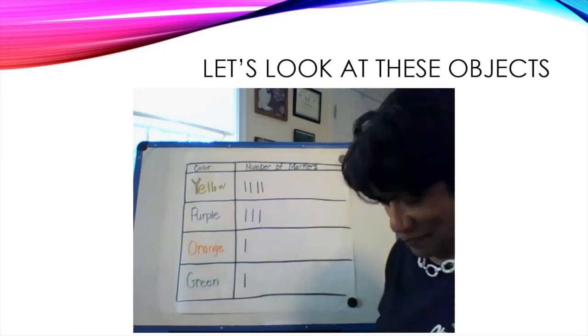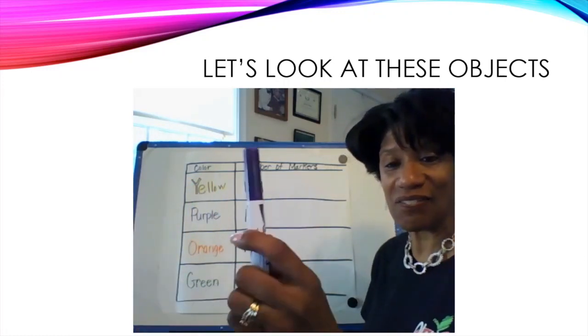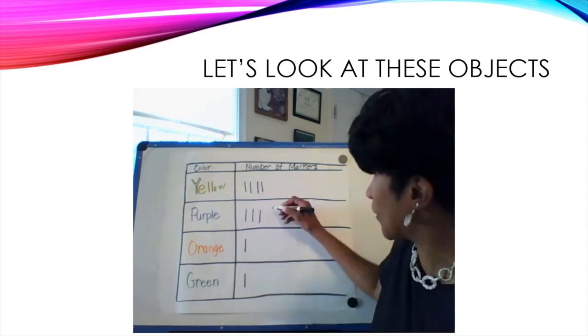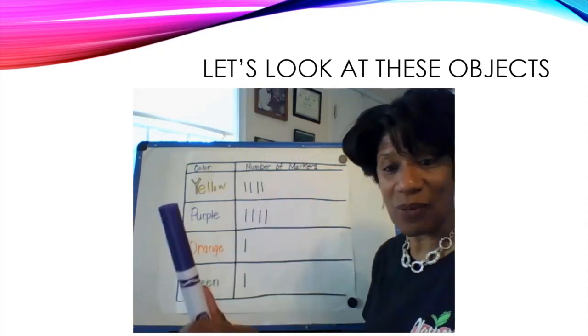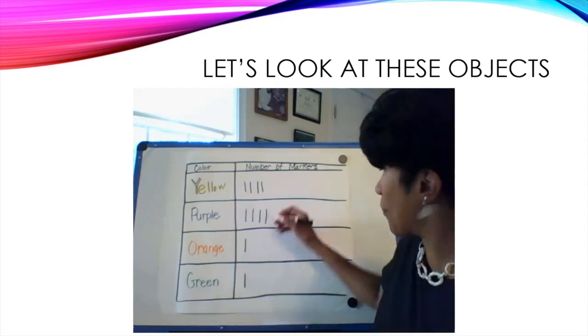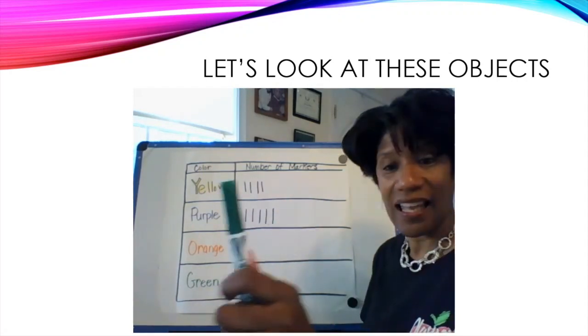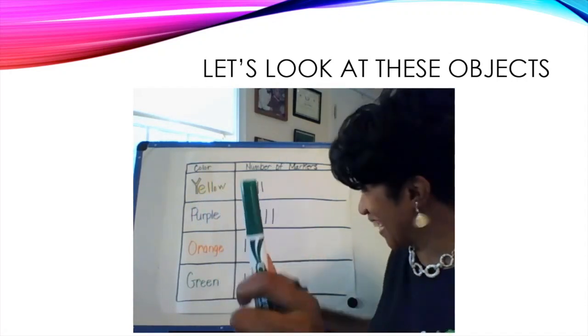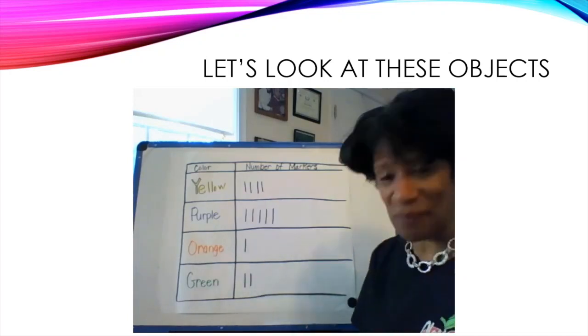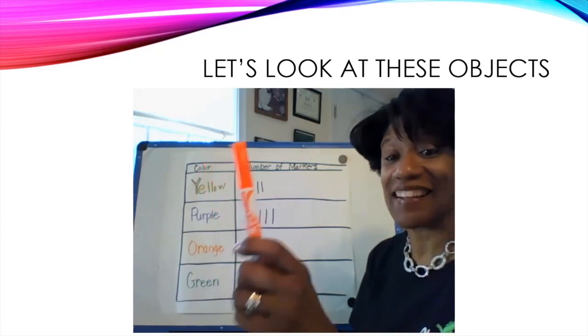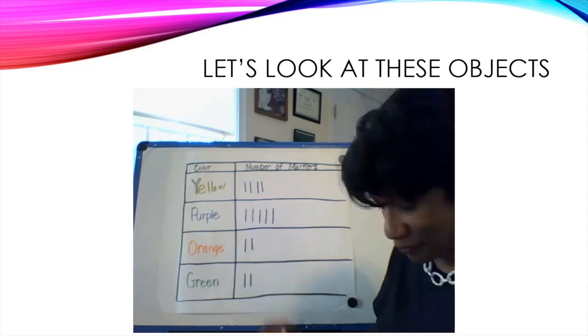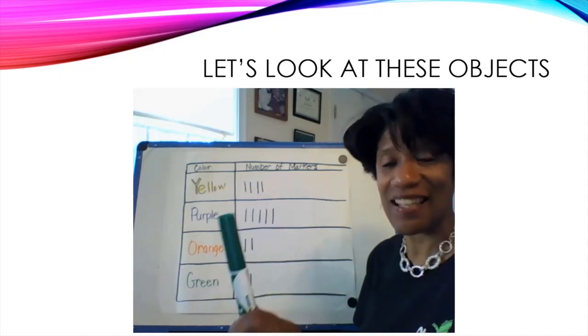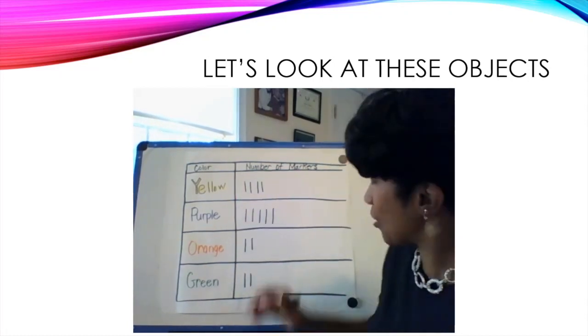Yellow. What color? Purple. What color? Purple. What color? Green. Almost got you there. What color? Orange. And what color? Green. Super job. Super job.